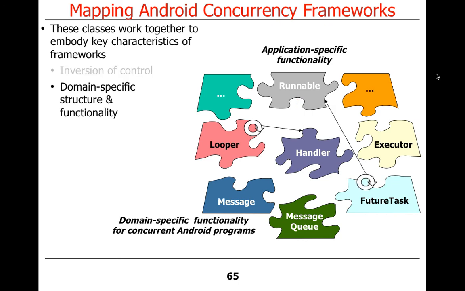The second thing that frameworks have is so-called domain-specific structure and functionality. What that means is, as we've been talking about, a framework is not just a generic collection of classes intended to be used everywhere. It's intended to be used in a more specific domain. It has both structure, like handlers, messages, loopers, all this kind of stuff, which are above and beyond the generic threading and synchronization mechanisms Java gives you out of the box.